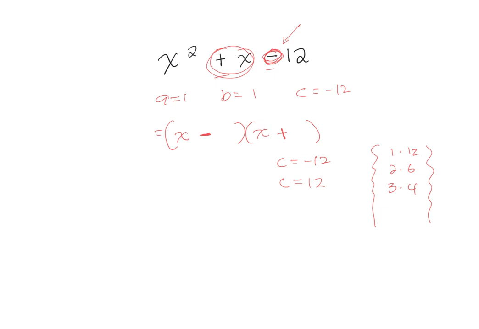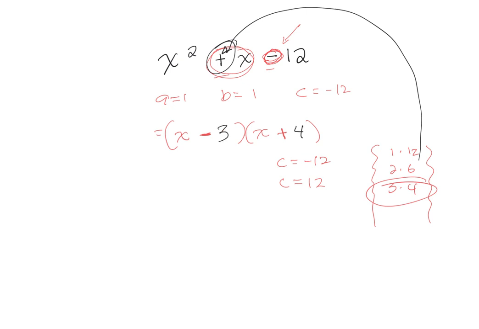Now, what gives me a difference of 1? It's the 3 and the 4. But this is a little bit different because the bigger number is not negative. The bigger number goes with the sign right here. That's positive, so 4 is positive, 3 is negative. So this is x minus 3 times x plus 4.